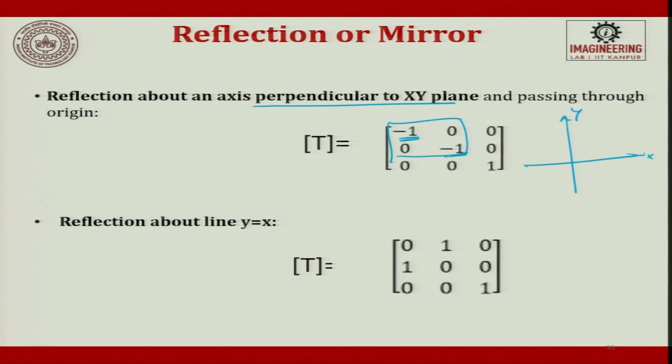Is it clear? Then when we do y equal to x, this will be the transformation matrix. So, you get this transformation matrix, and when we multiply, you get a mirroring of the image.